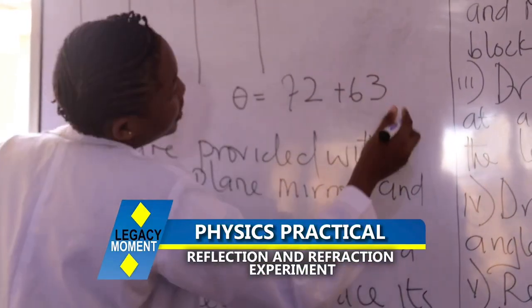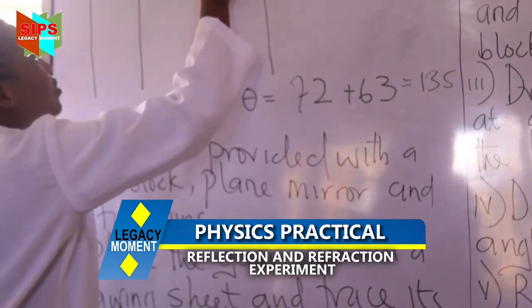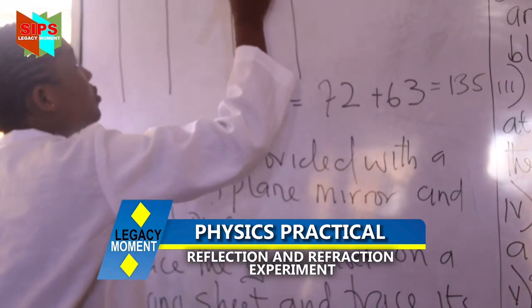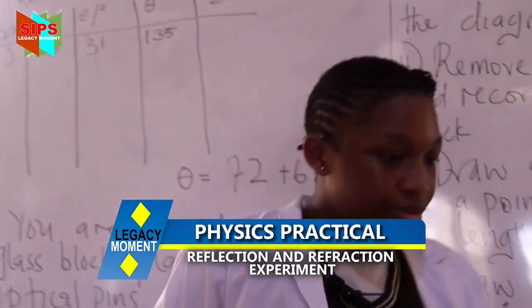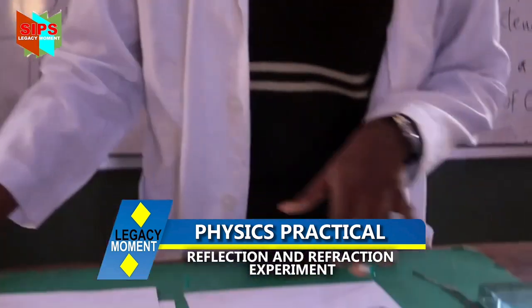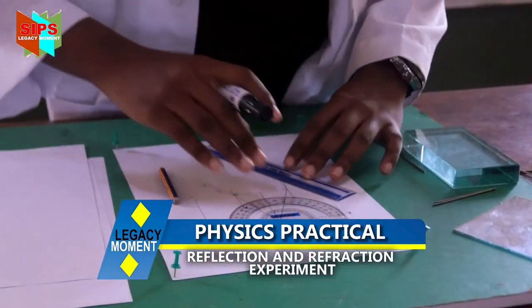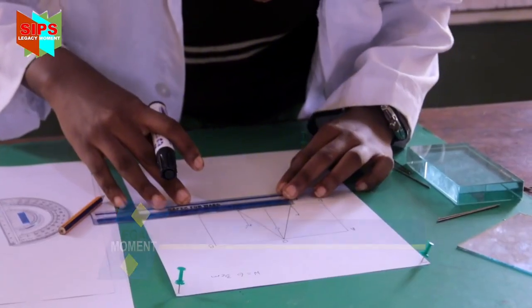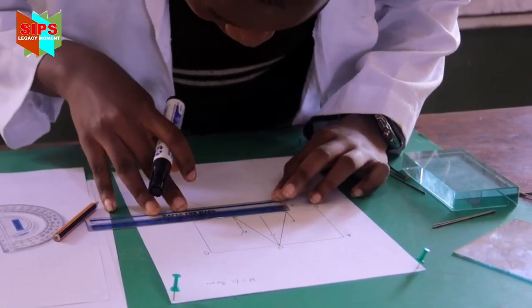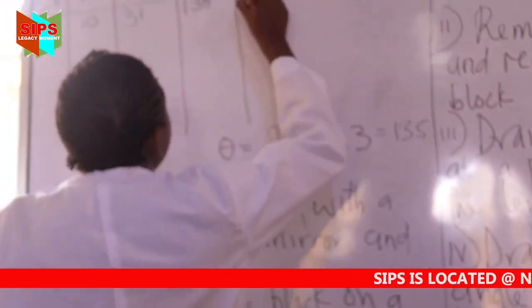So if I add this will give me 135. So I'm going to measure length D, which is the distance from O prime to O. That is 5.2.